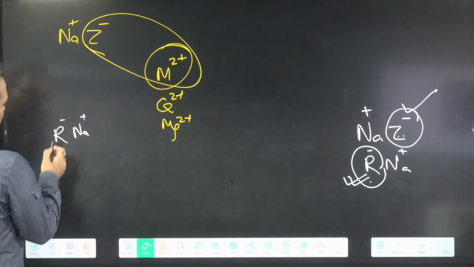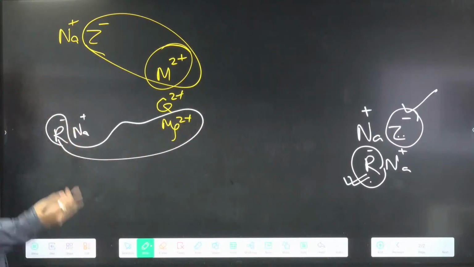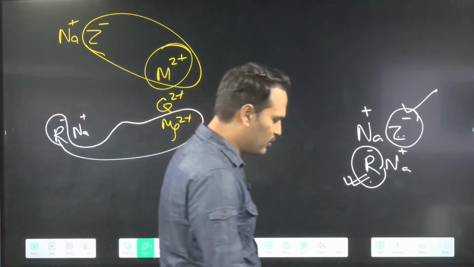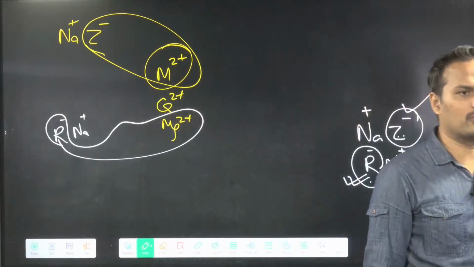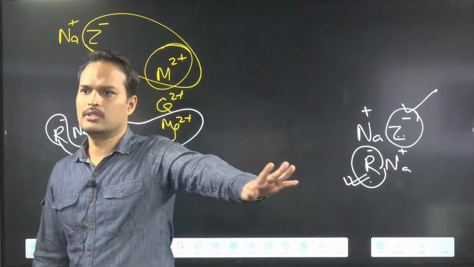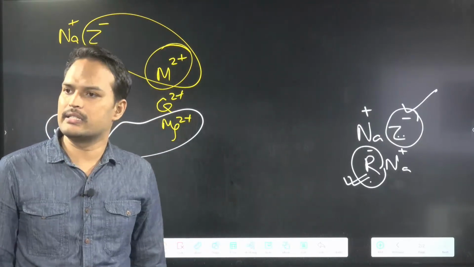Again the same thing. R minus will take this Mg 2 plus, Ca 2 plus, gone. That's it. Simple things. Is it clear to everyone? All of you understood these parts? So that's all. This is all about removing hardness.